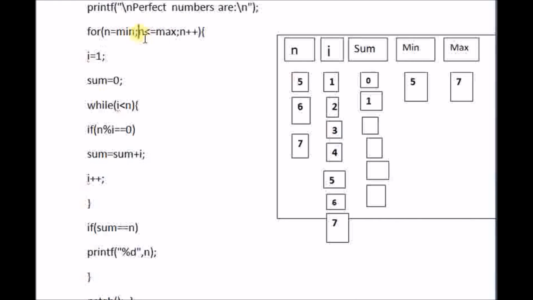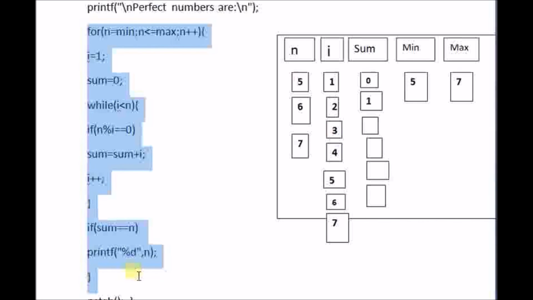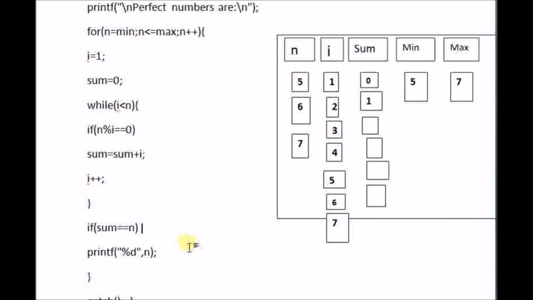No, 8 is not less than or equal to 7, so the whole condition is false. This whole part will not get executed and the program gets over. So finally the output will be 6 is the perfect number between the given range, that is 5 and 7.